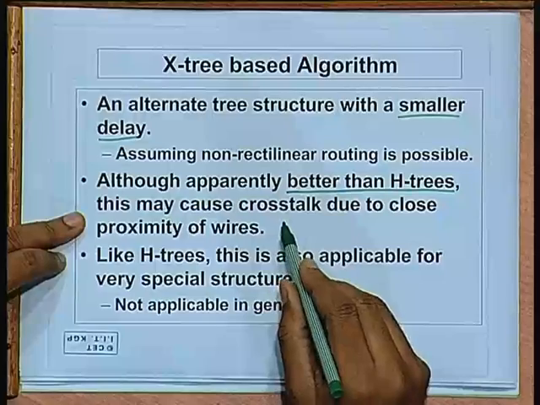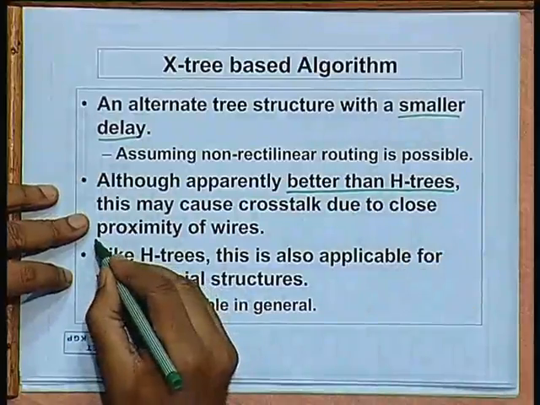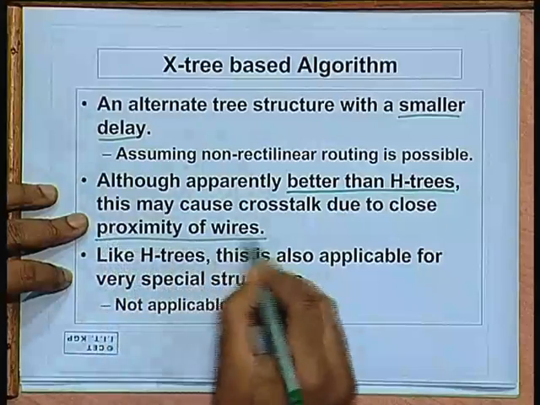But one problem arises, because in the H-tree, because of horizontal and vertical segments, the line layout is very uniform and some minimum spacing can be ensured. But in X-shaped wires, if you go on recursively generating that kind of a structure, you will see that in some corners, some of the wires may come very close together, and in some other corners wires are not that close together.